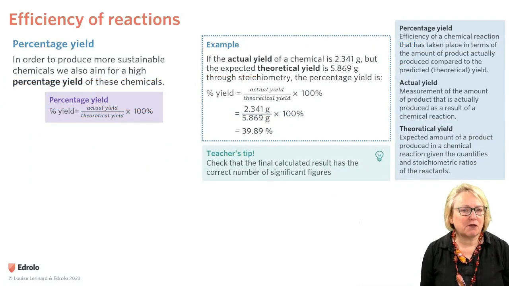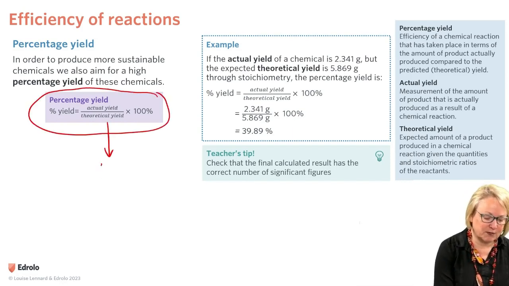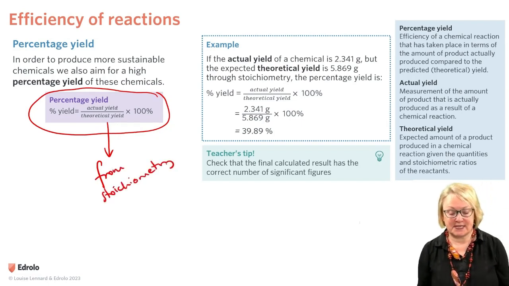Percentage yield is another way we can measure efficiency of reactions. And in order to produce a more sustainable chemical, we also aim for a high percentage yield. And percentage yield is defined as the actual yield divided by the theoretical yield from stoichiometry times 100%.